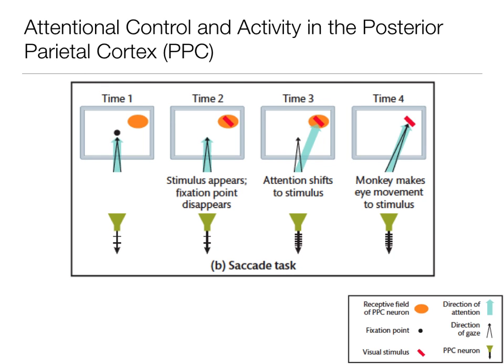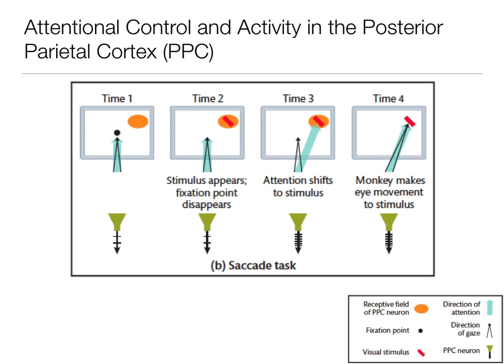In the second task, the saccade task, it starts out the same. The fixation point is there. The monkey was trained to attend to different things later. Nothing's in the receptive field. The stimulus appears and the fixation point disappears, but the monkey's attention is still towards the middle. You can see those arrows are still towards the middle.